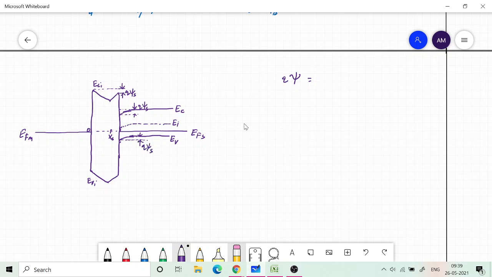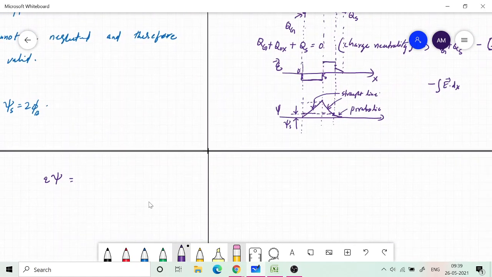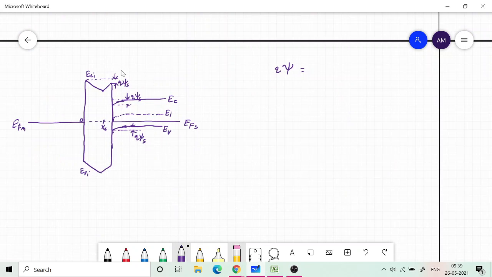In the potential we had it all positive, but here everything is toward the negative. Whatever is in the upward direction is now going to be in the negative direction because of the multiplication by Q. That's why we are writing Q psi s everywhere. So this is the case.